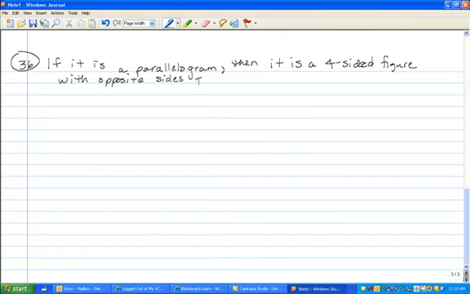Okay, now next we get to biconditional statements. And remember, a biconditional statement is true if the two statements joined by if and only if are the same truth value.